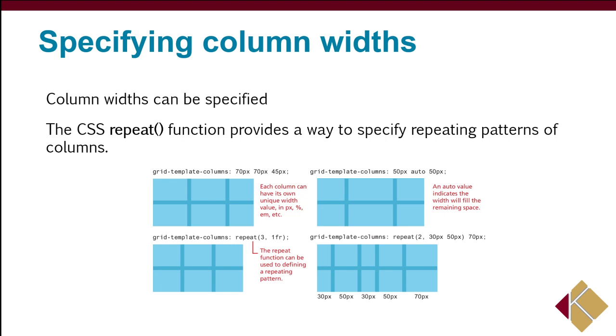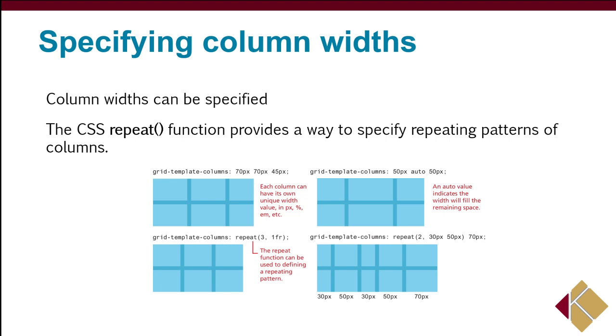Basically, to set up a 3-column layout, which is what the bottom left example is showing, you have your grid template columns saying I'm working on my columns. Repeat means it's doing a repeating pattern. It's going to do 3, and they're each going to be 1 fraction. The next example over is what I mean about it being confusing.